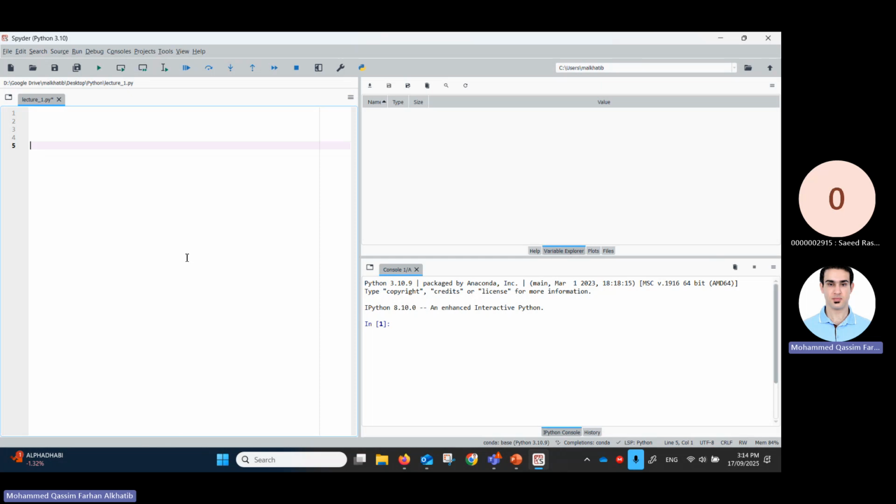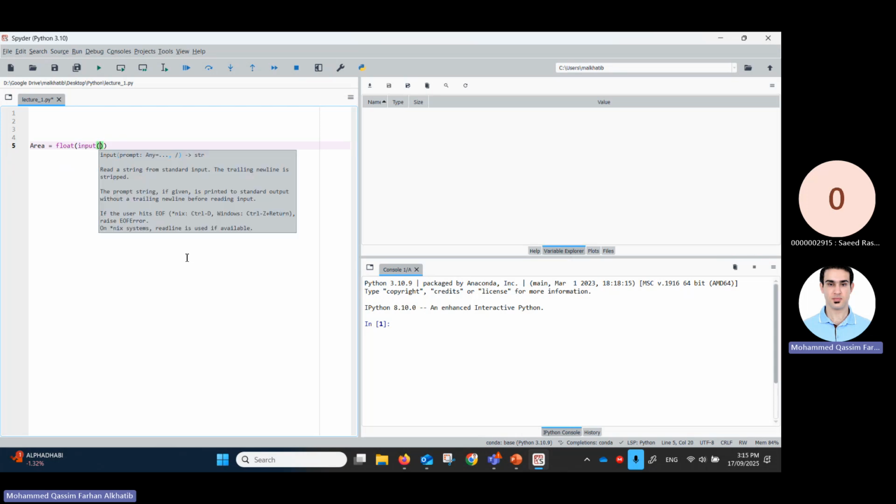So let's write the code for the area equals integer or float input. You see that? Okay. Input, enter the area. And let's give it a new line.